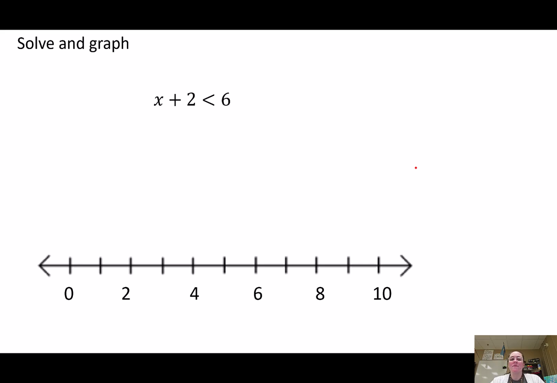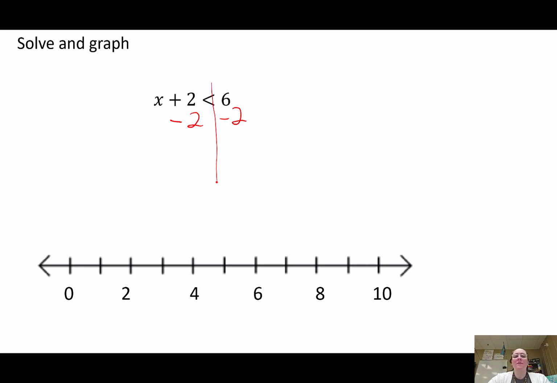So right here, I've got x plus 2 less than 6. Okay, so first thing I want to do is subtract 2 from both sides of my inequality symbol. We can draw that same line we did before with equations at the inequality symbol, if that helps you determine the sides.